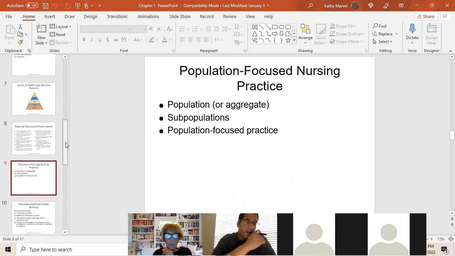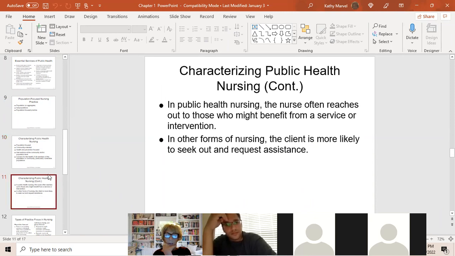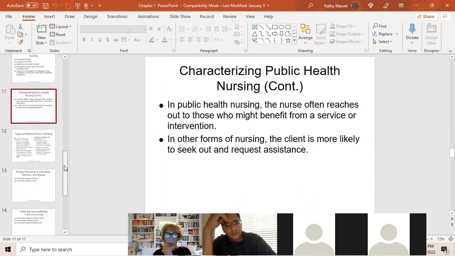Does that make sense? So you are going to find the information to review and be responsible for right in the PowerPoints. If you can't find the answer, if it's not in the PowerPoint, where do you go?